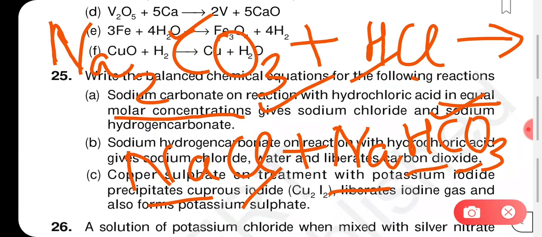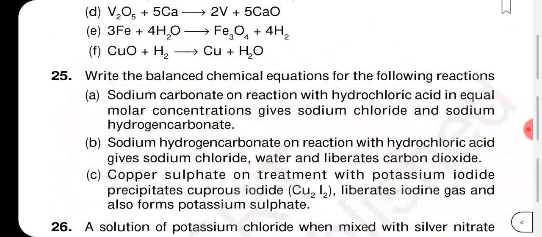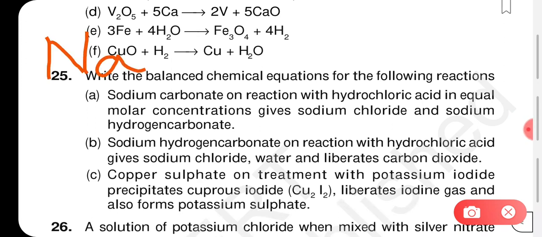Now moving on to the next question. In the next question, it is given that sodium hydrogen carbonate, just now we wrote its molecular formula. Sodium symbol is Na, then followed by hydrogen, and then carbonate is CO3.